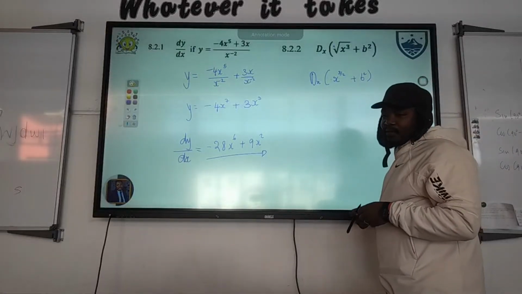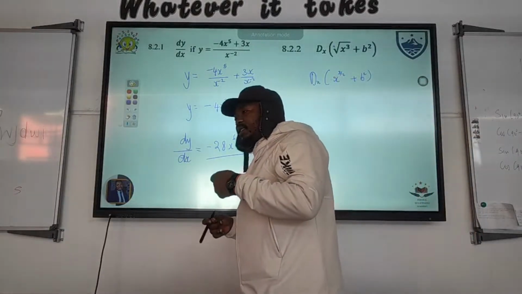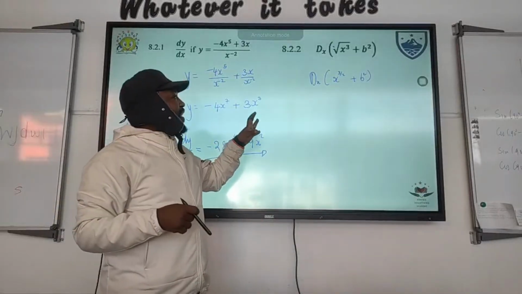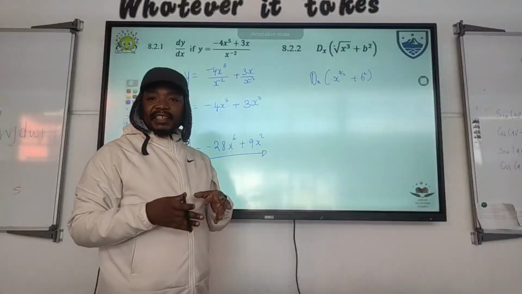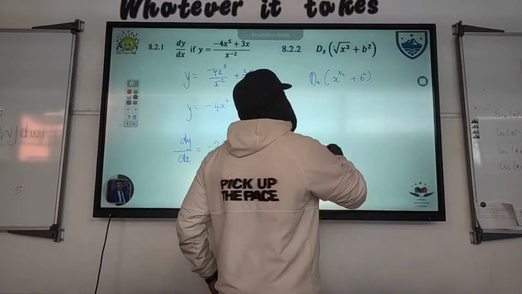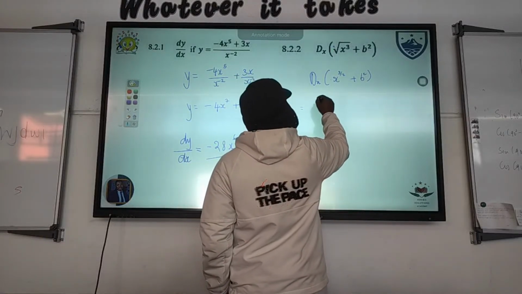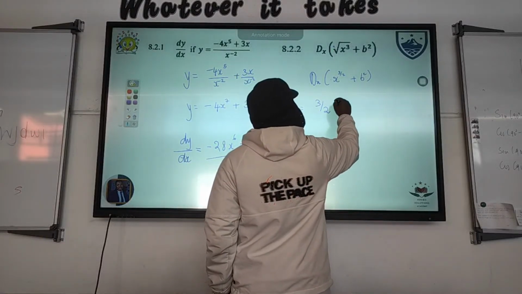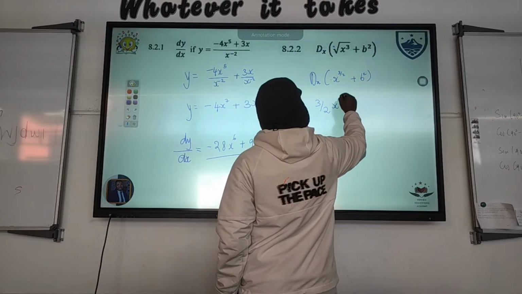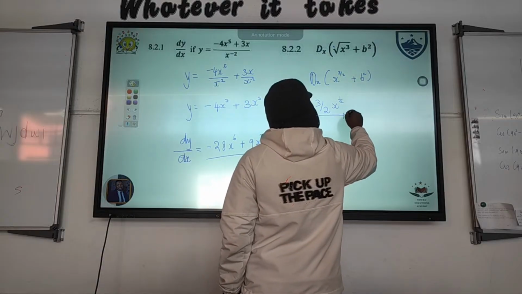Differentiate whatever is inside the bracket in terms of x. If it doesn't have x, then it's a constant. So our answer will simply be 3 over 2, then x, if we minus 1, this will give us half. That's our answer. This is 0.